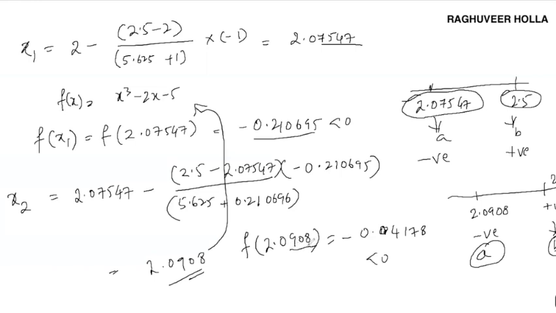Let us see what you get. So as we got this as negative, we get x3.